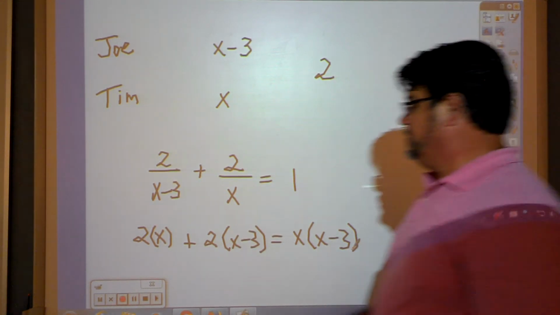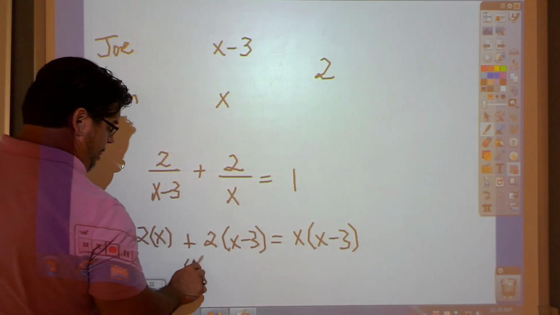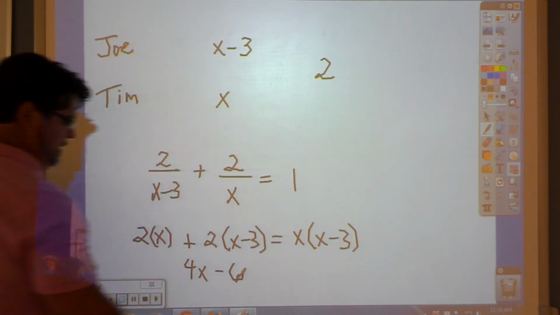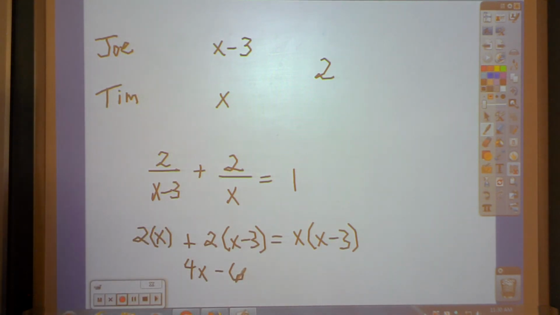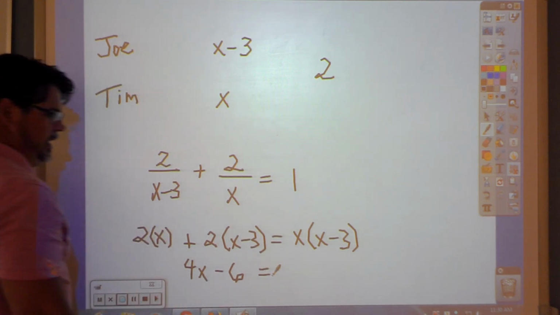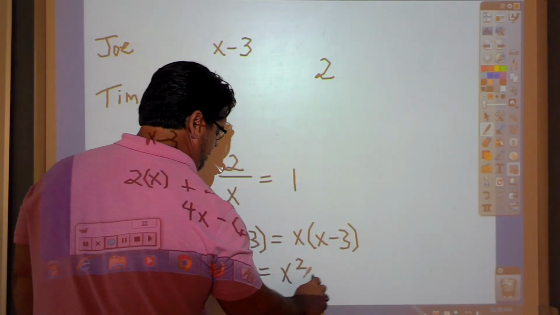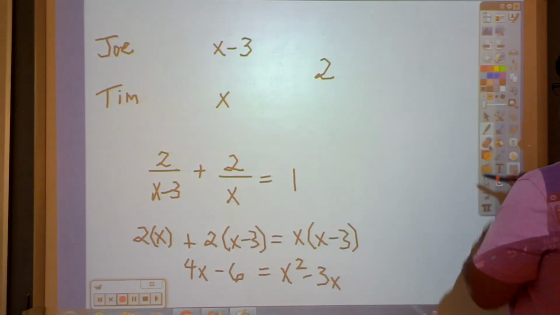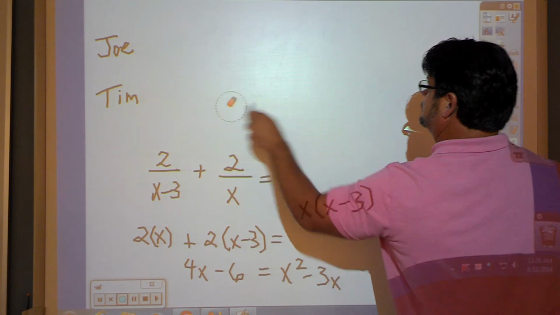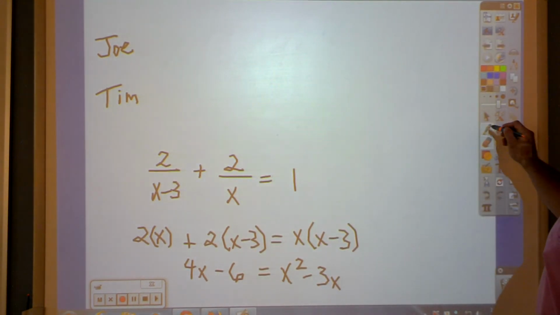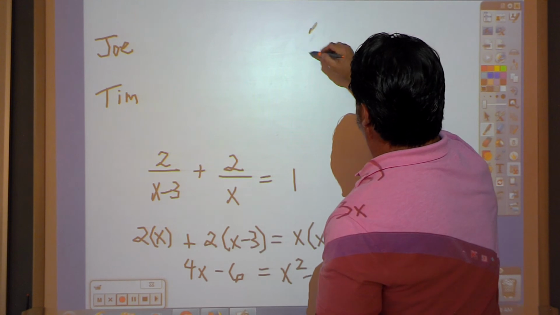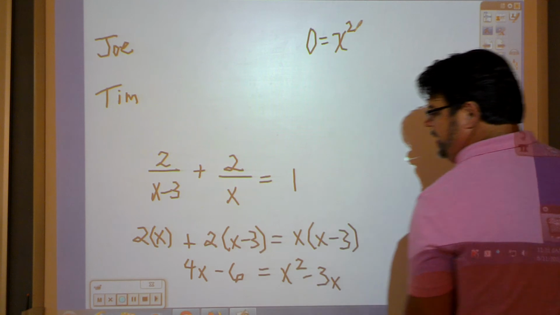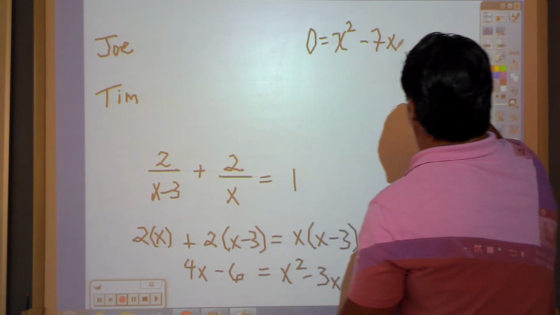So what's 2x? So 2x plus 2x is 4x, and 2 times negative 3 is negative 6. I kind of skipped a step there. Is equal to x squared minus what? So, x squared, 0, is equal to x squared. Negative 3x minus 4x is negative what? 7x.